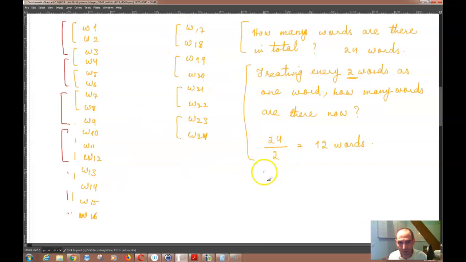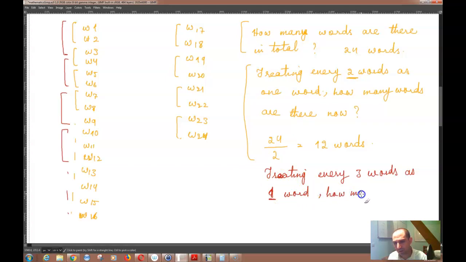Now, treating every 3 words as one word, how many words are there now?